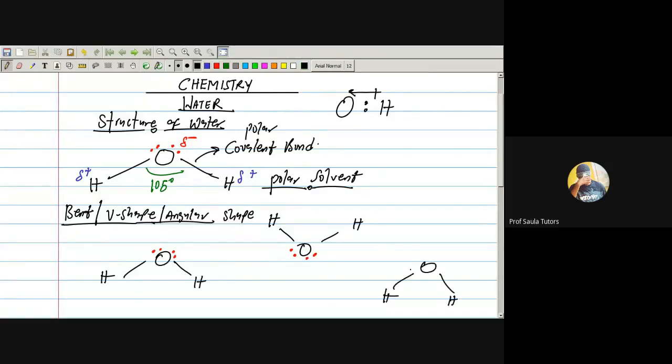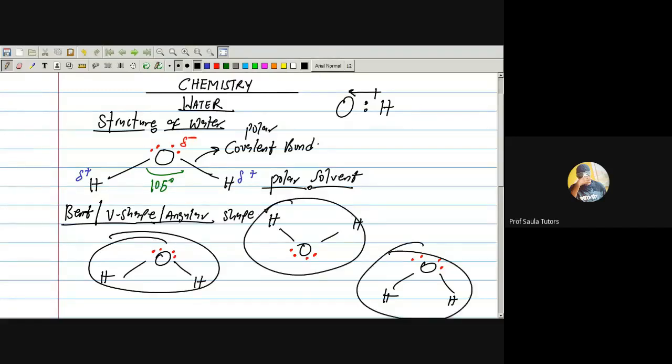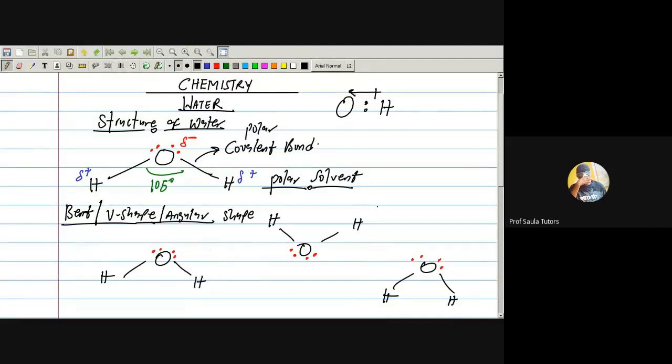You can see this one water molecule, this another water molecule, this another water molecule. The bond between these molecules, we call it intermolecular force.